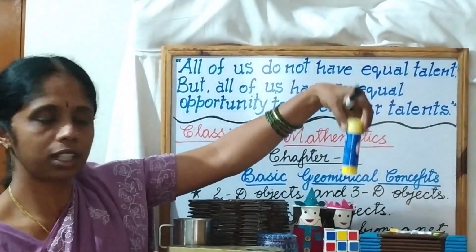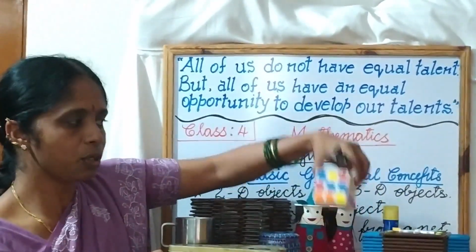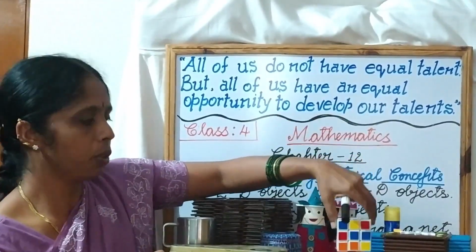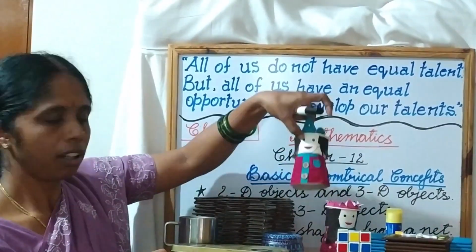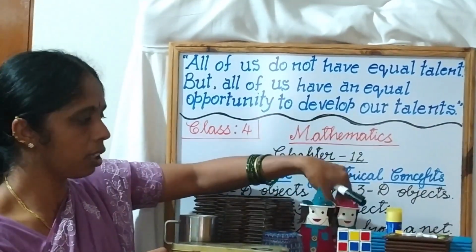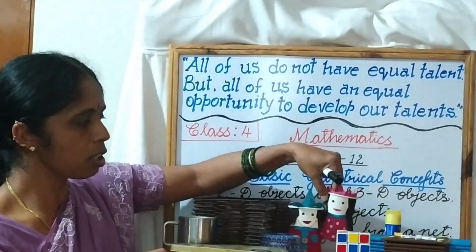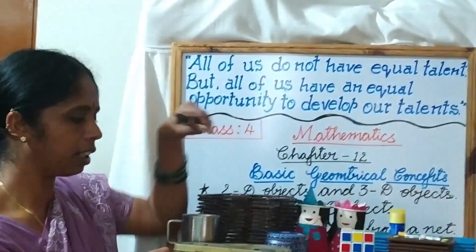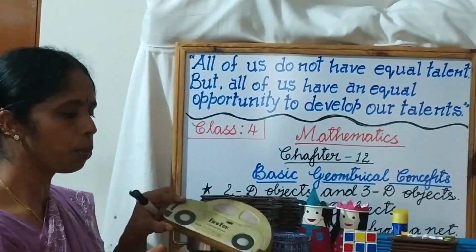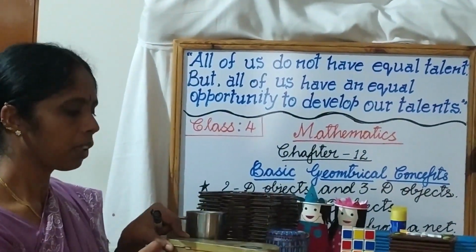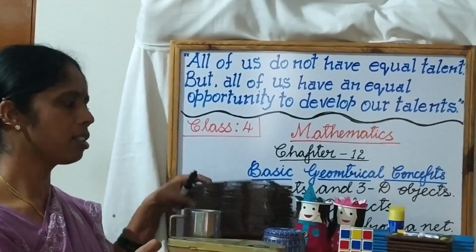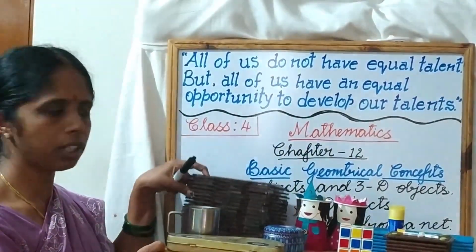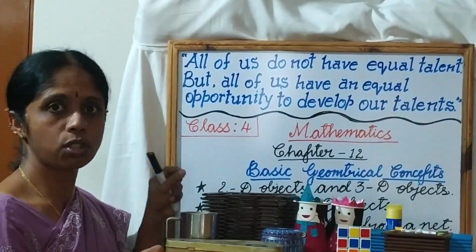And a glue stick, and this one a Rubik's cube. See here, a doll made using a paper cup, and this is also different, using so many other shapes. You can also find here a geometrical instrument box, and here is a vase made using different sticks.